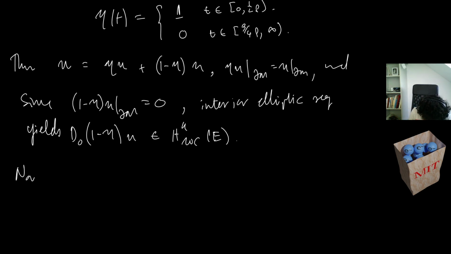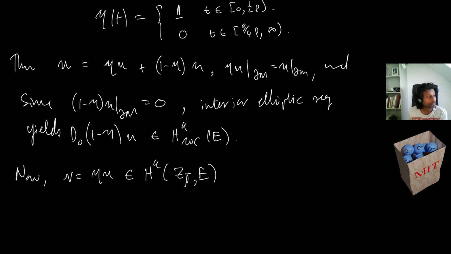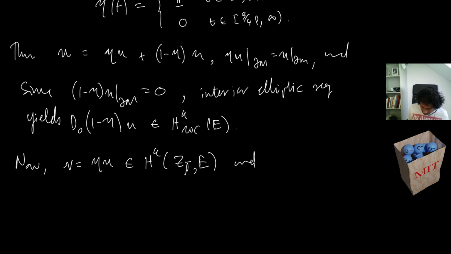So now let's take v equal to ηu. This is clearly in H^{k+1}(Z, ρ̄; E). And also we can see that trivially we have that v restricted to ∂M, which we said, so u restricted to ∂M, which we said from before, is v restricted to ∂M, is just by the trace theorem in H^{k+1/2} on the boundary.